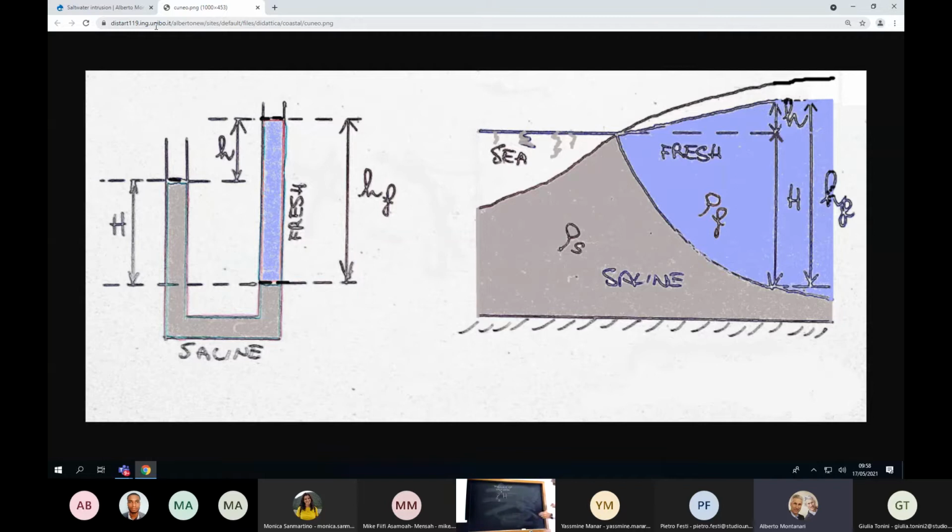Now, if I want to reach equilibrium, the pressure, which is equivalent to the weight, the pressure is a weight per unit area.